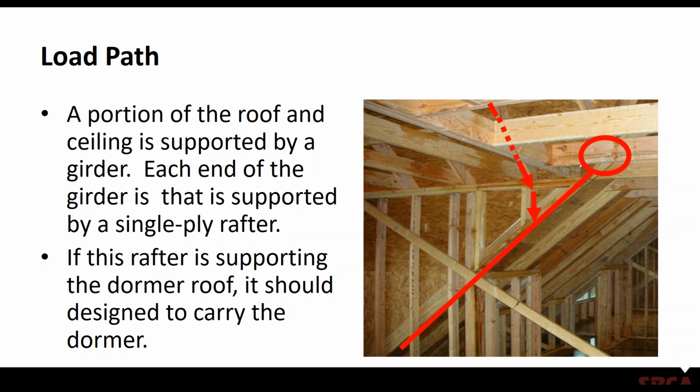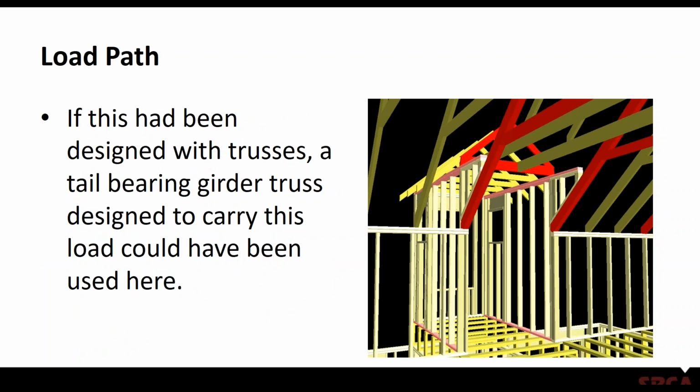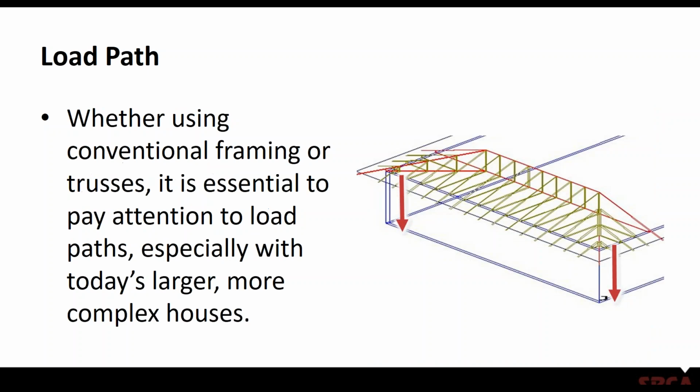That header is being supported just on a single 2-ply rafter, which obviously is not a good thing. With trusses, in this case, you could design a tail-bearing girder truss, but if you follow the flow of loads correctly, it's going to require more than just a single ply.